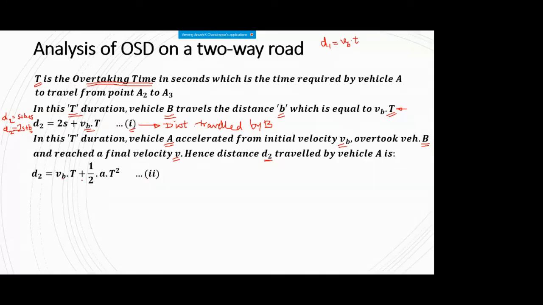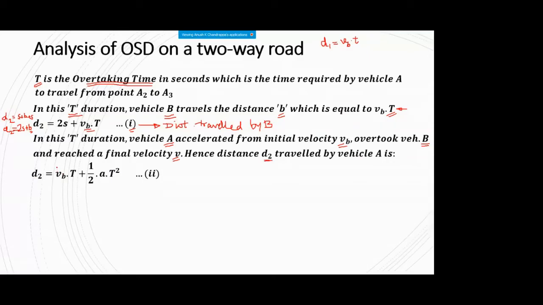Now again, we consider the second equation of motion, s is equal to ut plus half at square, which is the equation we use when a body is accelerating and we have to find the distance covered by that body. We have just substituted the values. Instead of s, we write d2, the distance or displacement.